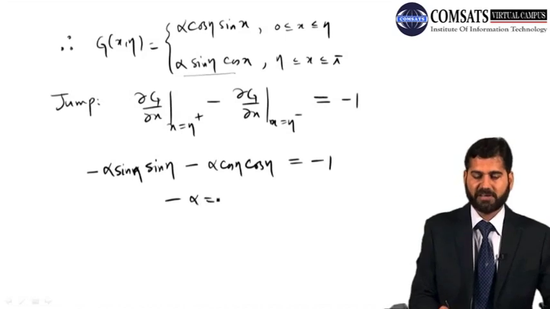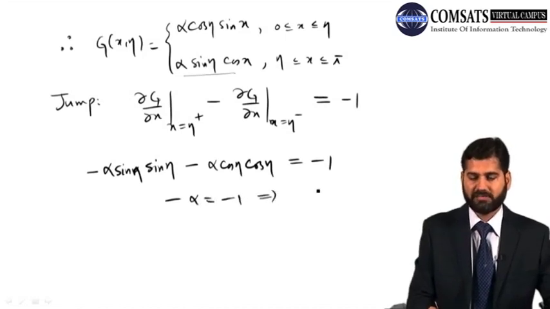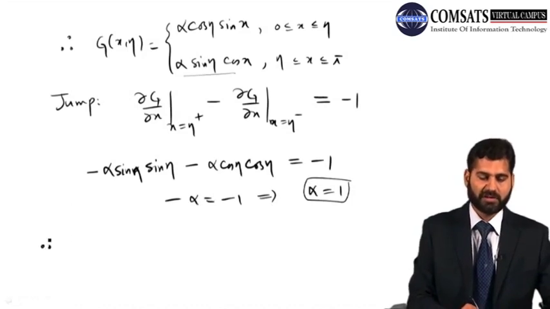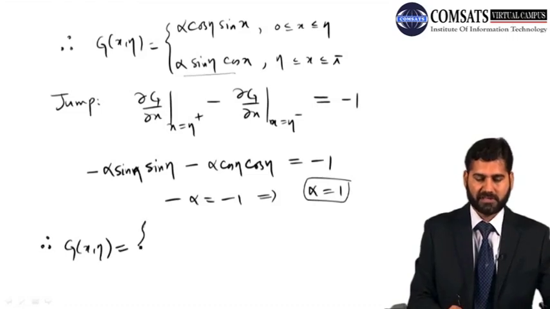So this is minus alpha is equal to minus 1, which implies that alpha is equal to 1. So I got the value of alpha as well. Therefore our completely determined Green's function came out to be cosine eta sine x.